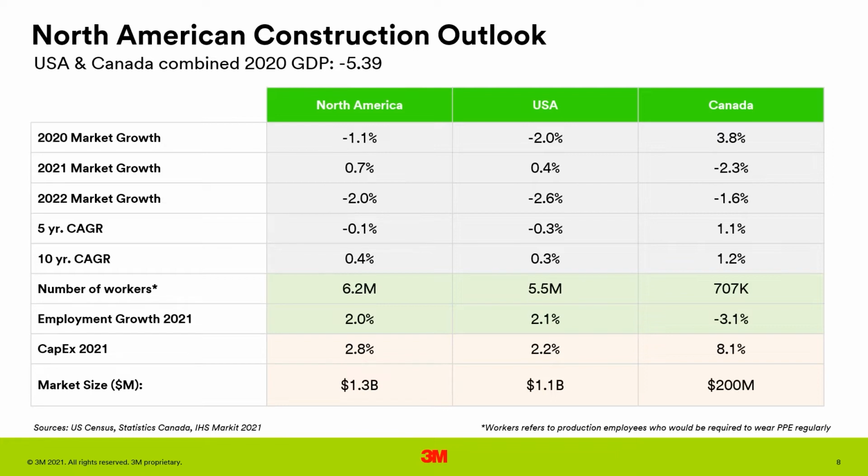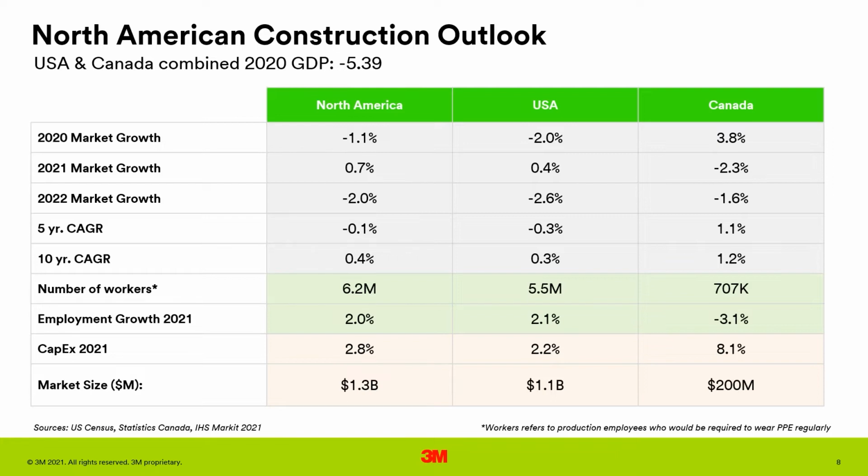And looking into the short, medium term, we expect to see pretty slow to flat growth in this market. But certainly a really significant market. We estimate that it's about $1.3 billion in addressable market for PPE. So a really big opportunity with so many different companies that fall within that.